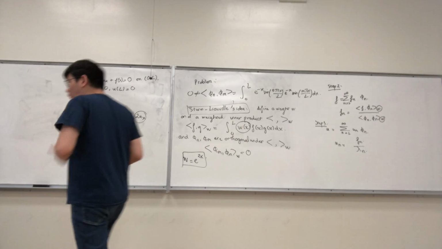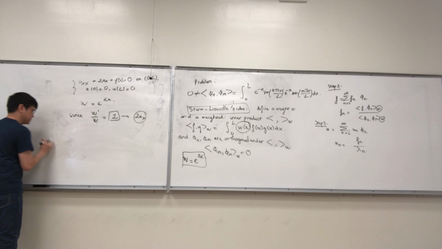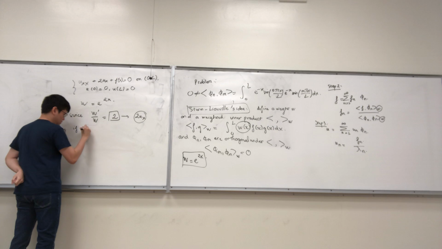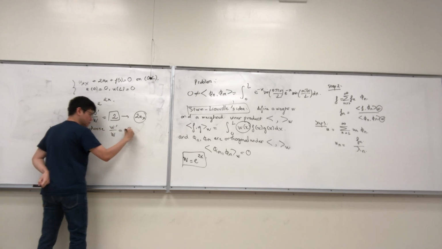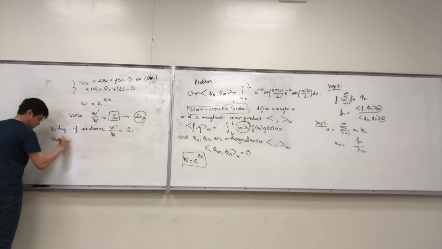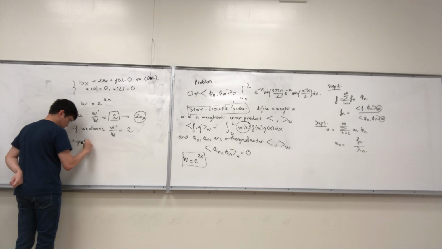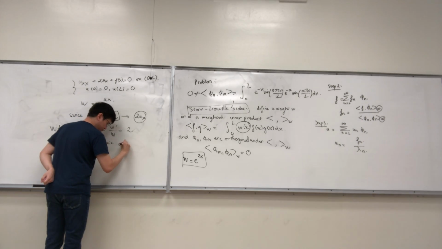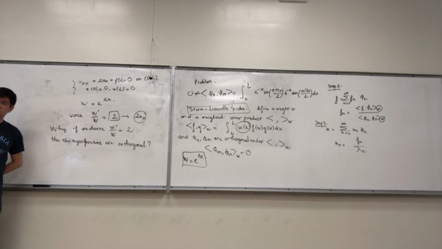So let us understand why we have this. Why, if we choose W prime over W equal to 2, are the eigenfunctions orthogonal?